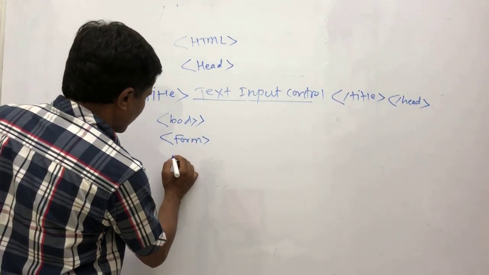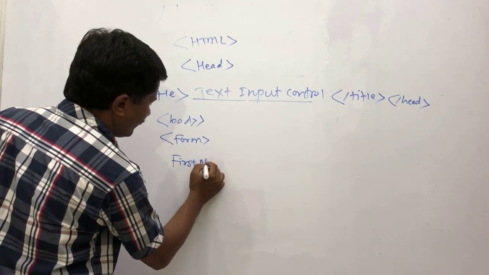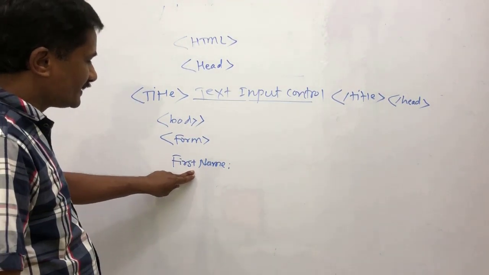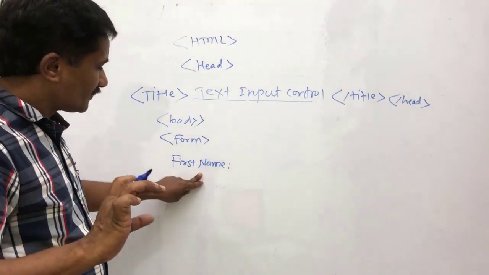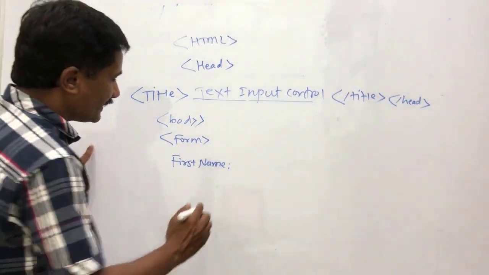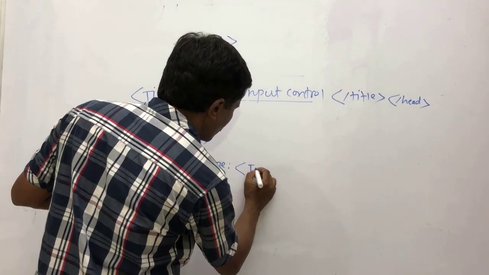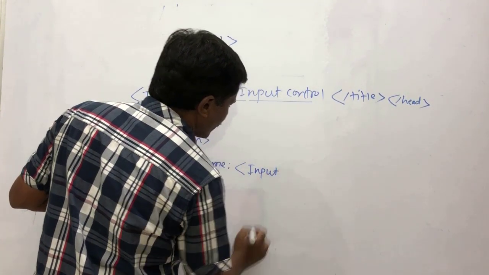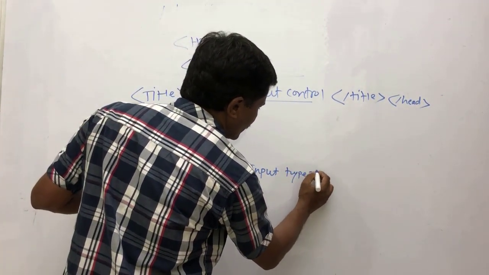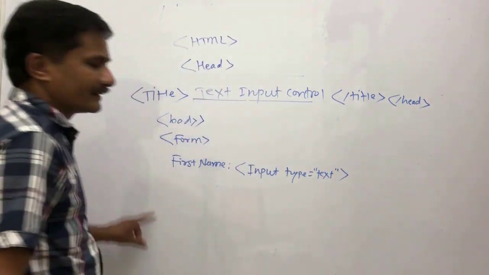Okay, form. Here you can write first name. First name is the label. On the form you display the first name. Then next you use the input tag. Input type is equal to text.